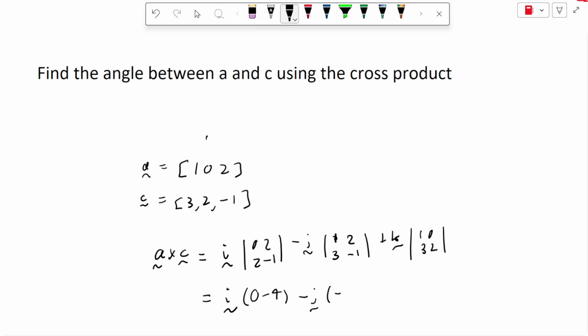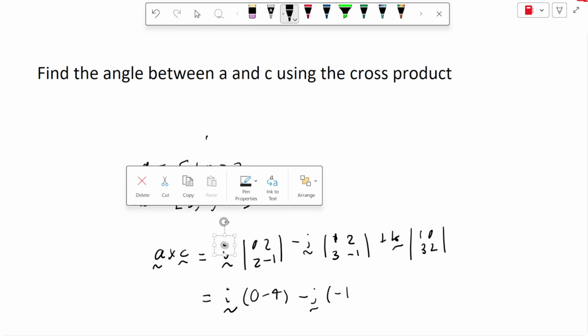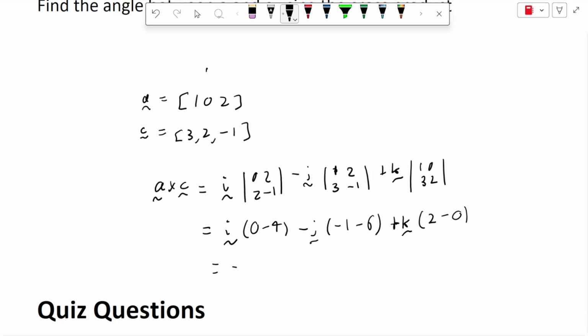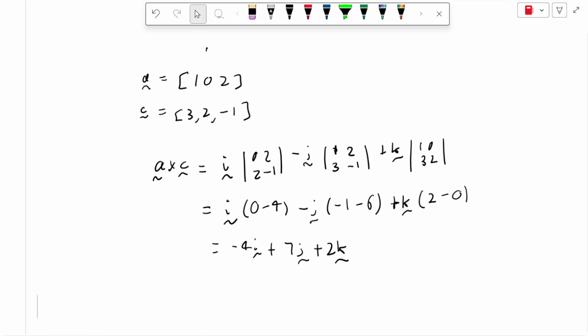J is minus 1, so that's 1 times minus 1, take 2 times 3. Plus K, now 1 times 2, take 0. So this is minus 4I, plus 7J, plus 2K. All right, so that's the cross product of A times C. We can write it as a nice vector. There it is.